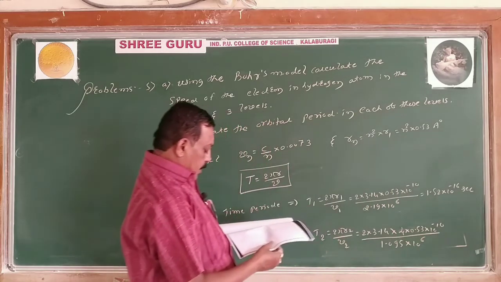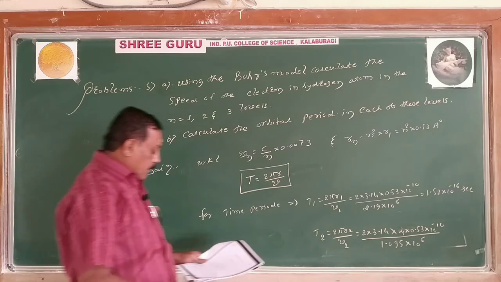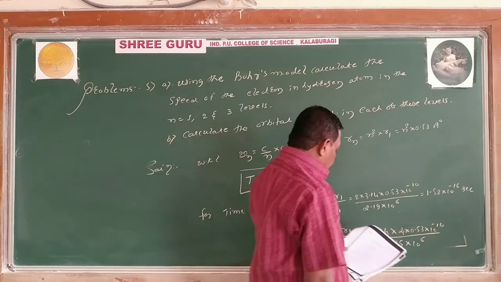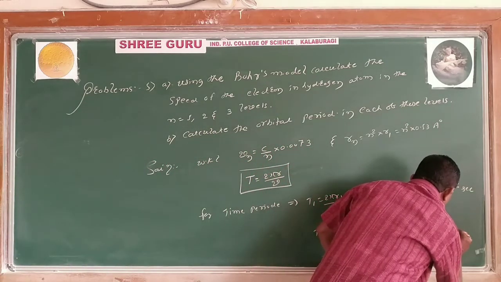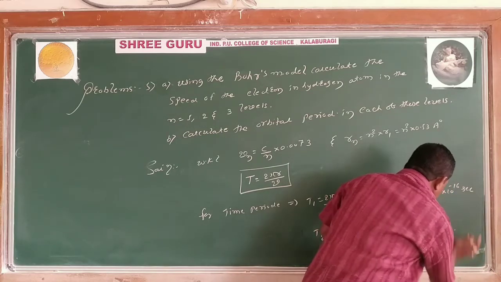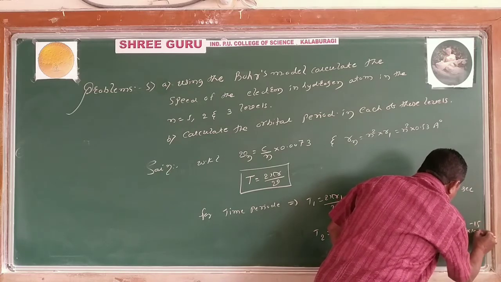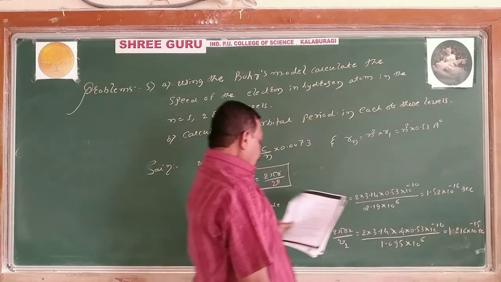Do the necessary cancellation, and we get 1.216 into 10 to the power of minus 15 second, right?